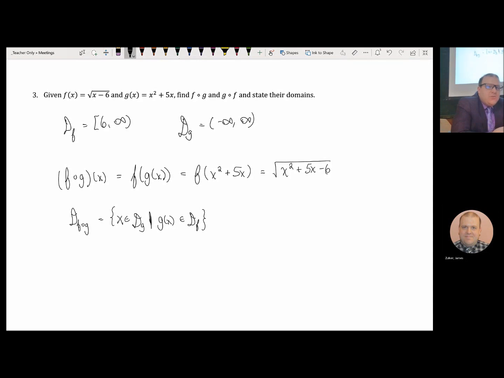Right, so it's all values in the domain of g that make g in the domain of f, right? So would it make sense if you plug in a g of x that would make f undefined?